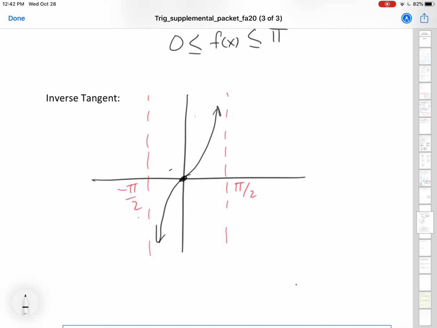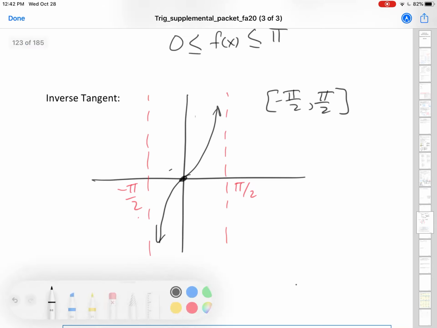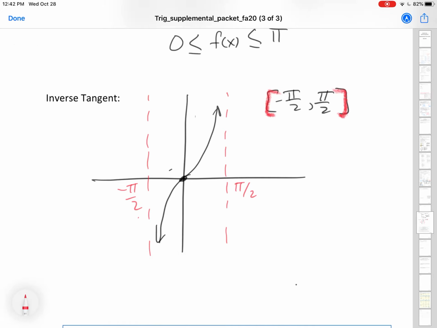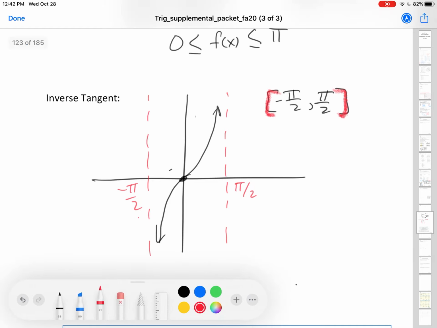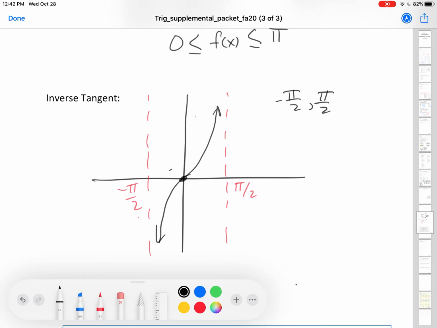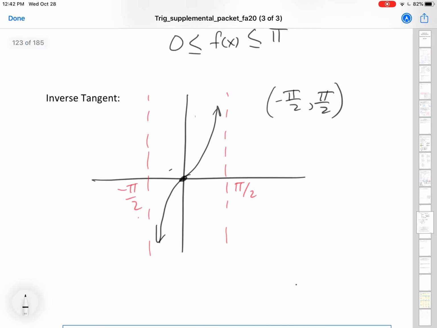It has a period of pi. This will be the segment that they pick, from minus pi over 2 to pi over 2. But I hope that you see these brackets are wrong. They should not be squared off brackets because that's where tangent's undefined. They should be rounded brackets.